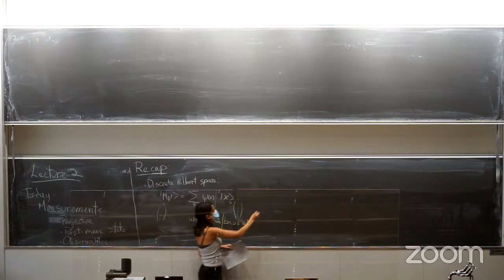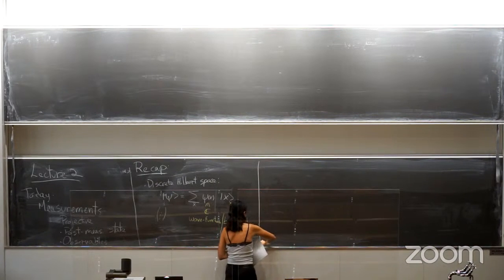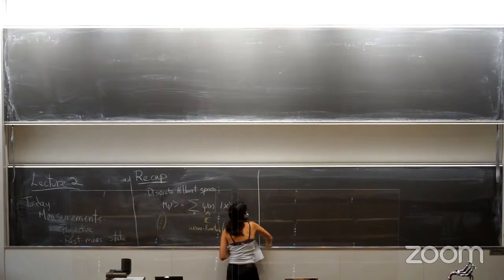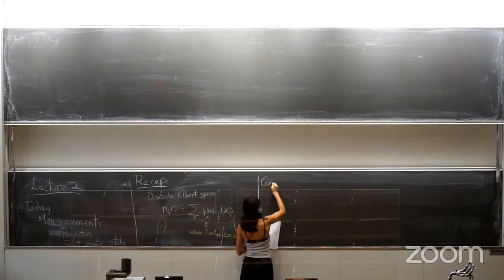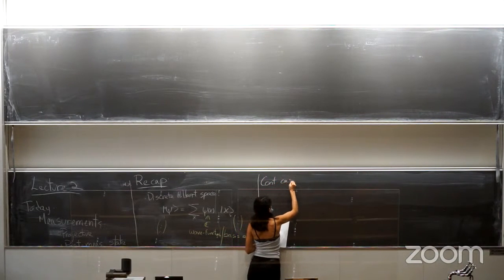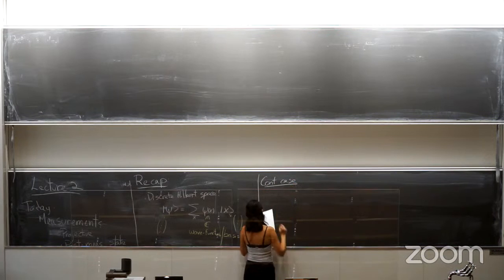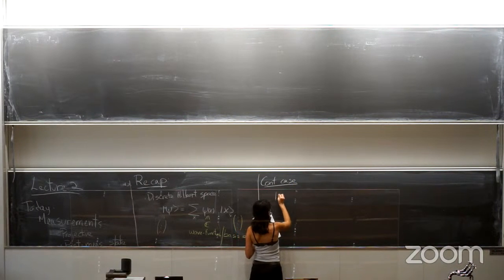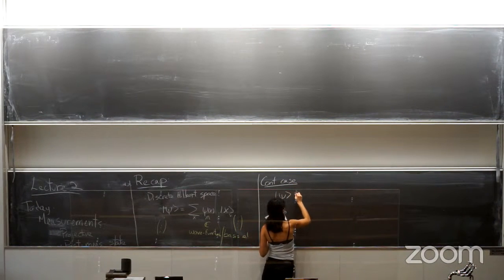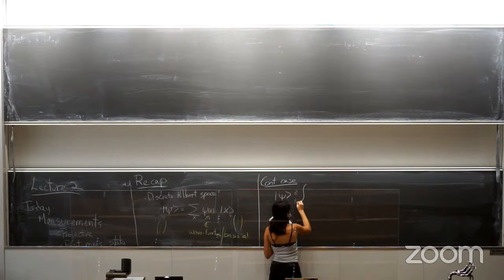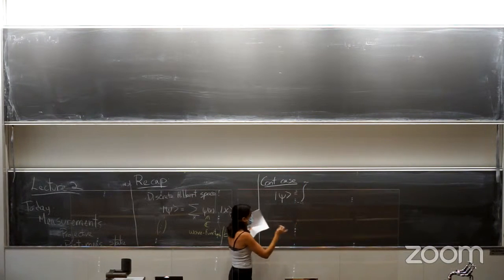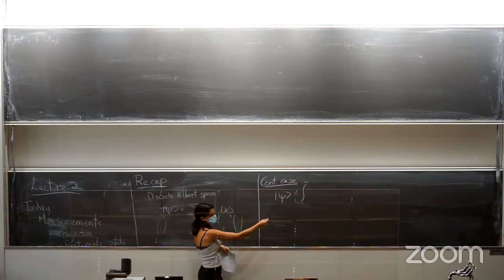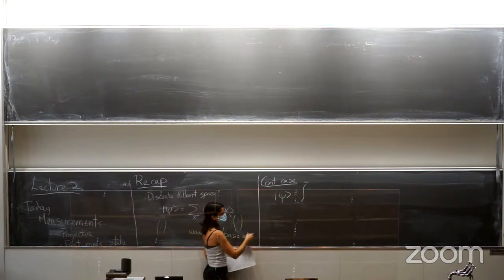In the continuous case, we can express it the same way. We just replace the sum with an integral over some limits which depend on the space that we're talking about. We talked about the particle on a line, and then it went from minus infinity to plus infinity.